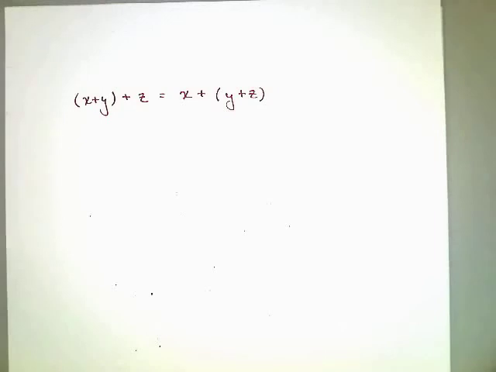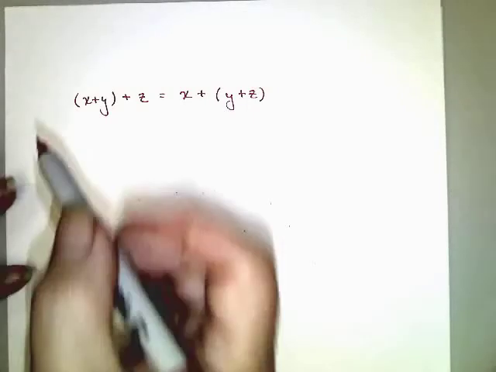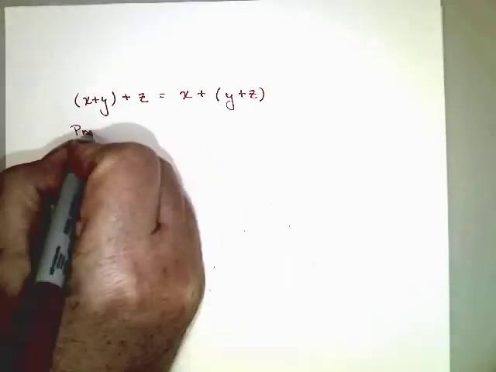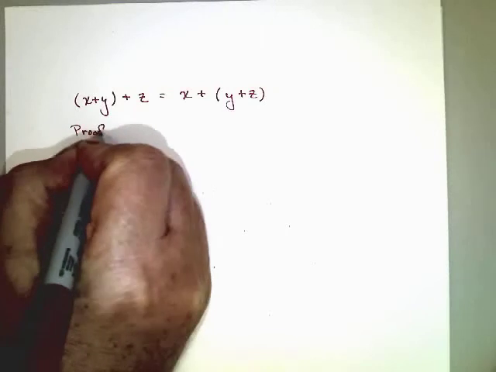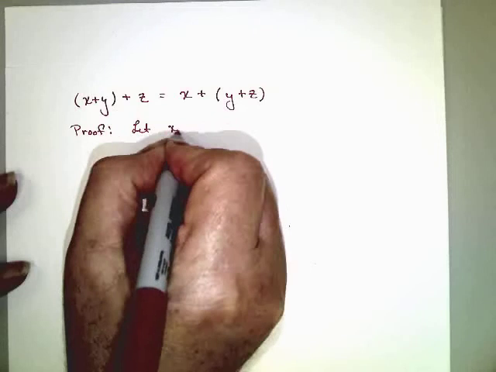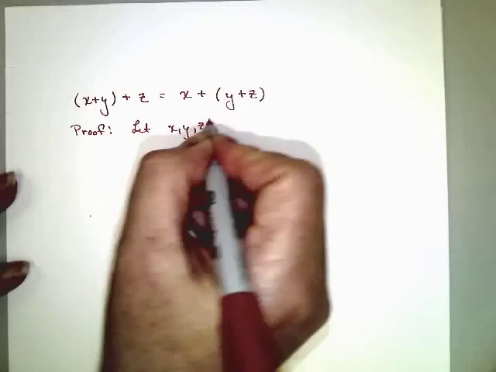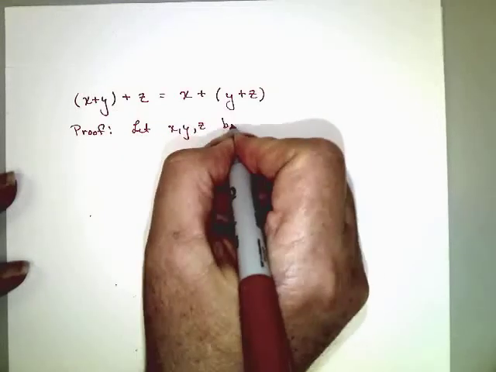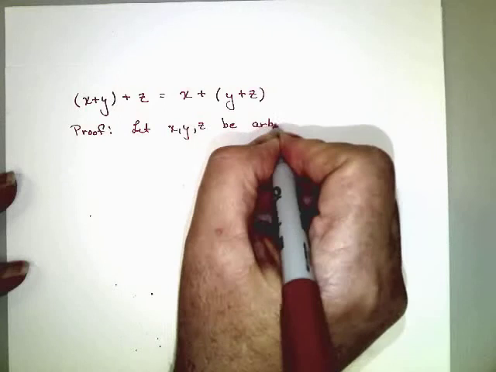Well, we know it's at least sometimes true based on some of the results we got from the exercises. On the other hand, is it always true? Intuitively, I think it probably is, so I want to prove it. I'll start my proof, as usual, by supposing that x, y, and z are arbitrary vectors.